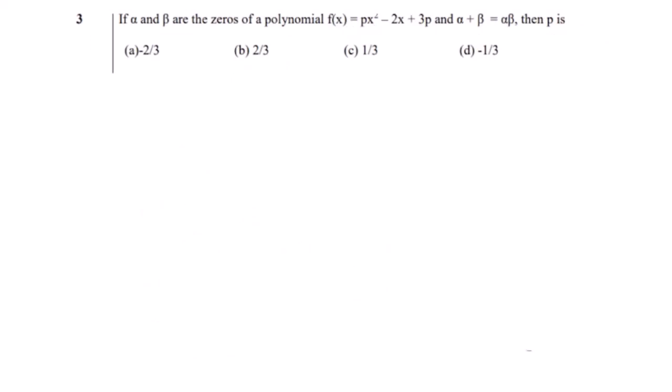Now the third question is, if alpha and beta are the zeros of a polynomial f of x is equal to px square minus 2x plus 3p, and alpha plus beta is equal to alpha beta, then you have to find out the value of p.